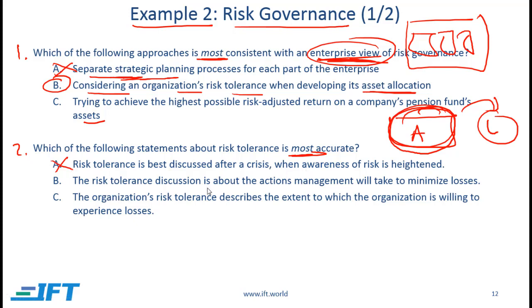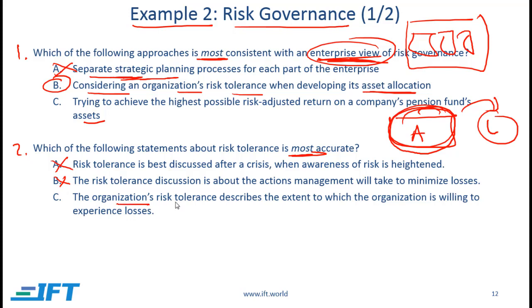B, the risk tolerance discussion is about the actions management will take to minimize losses. Now, the objective of risk tolerance is not to minimize losses. It's to understand the objectives of an organization and figure out what's the appropriate level of risk tolerance given the objectives of the organization. So this is not true.